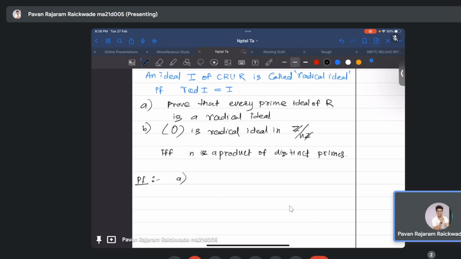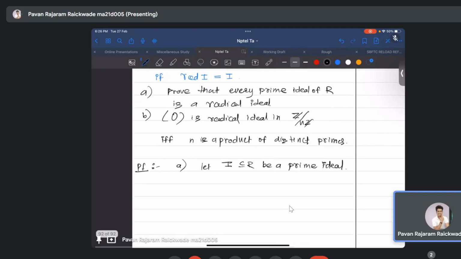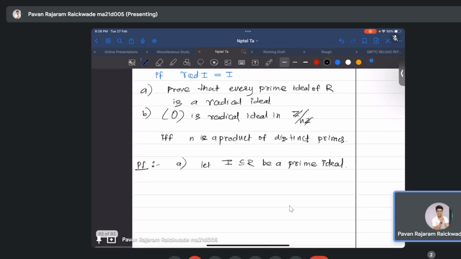So part A, let I be a prime ideal. Let r belong to rad I. This implies r to the n belongs to I for some n in the natural numbers.